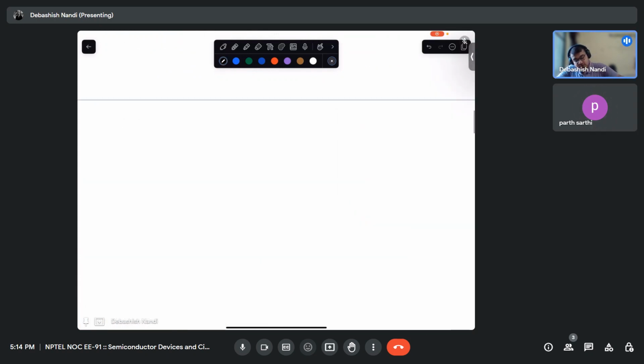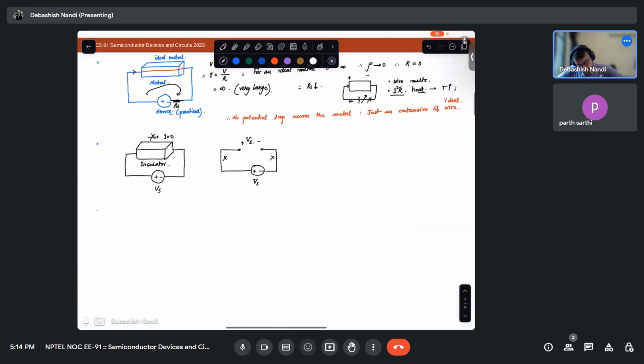So now tell me, what happens if I do this. Let us go with the 2D drawings. I have a metal and then I have an insulator. This is metal, this is insulator. What happens now?